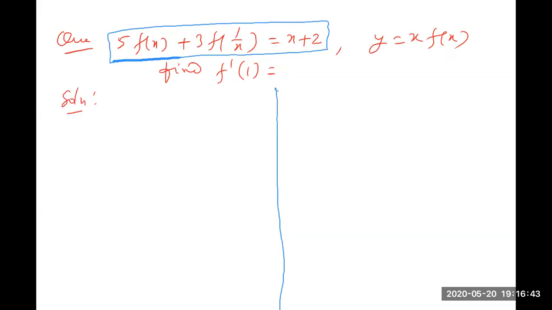Given equation is 5fx plus 3f 1 upon x is equal to x plus 2. So meaning of this functional equation is it is true for all values of x. That means what I do? I can replace x with 1 upon x also.